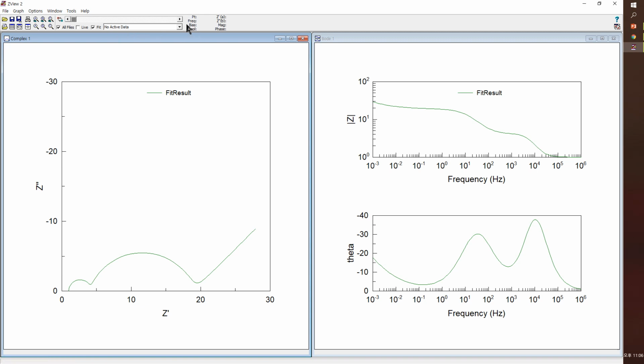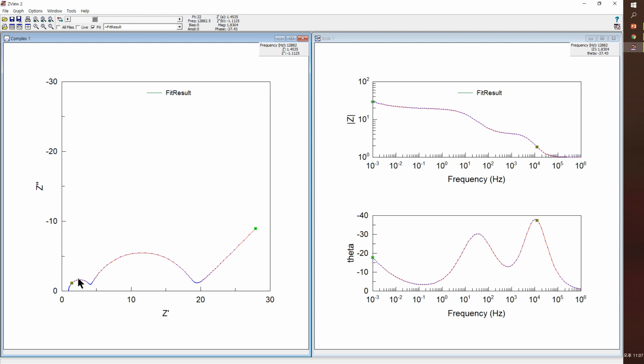Right now, no active data, but click and then fit result. Then you can find some data points on the impedance spectra. So please click the arrow button. Left arrow, right arrow, anything is okay. Then, could you see it? This square with red boundary is moving like that, right and left.